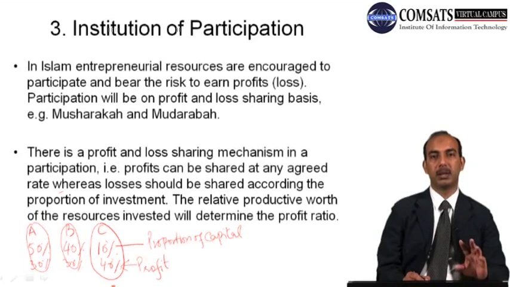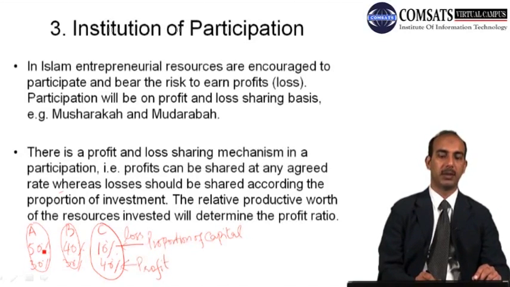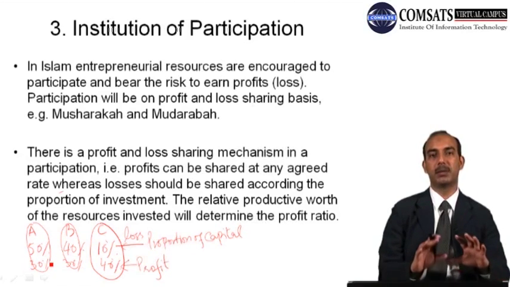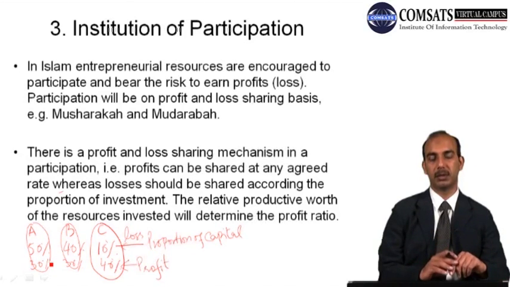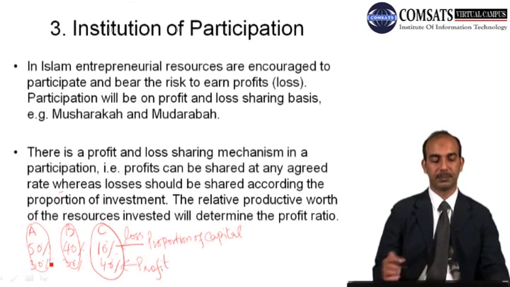It doesn't depend upon the proportion of capital, whereas loss depends entirely upon the proportion of capital. C will be having 10% of the loss, B will be having 40% of the loss, A will be having 50% of the loss, whereas A has only 30% of the share in the profit, but in case of loss, A will be having 50% of the loss. So this is the profit and loss sharing mechanism in the Islamic economic system. The logics we will be discussing in the coming lectures.